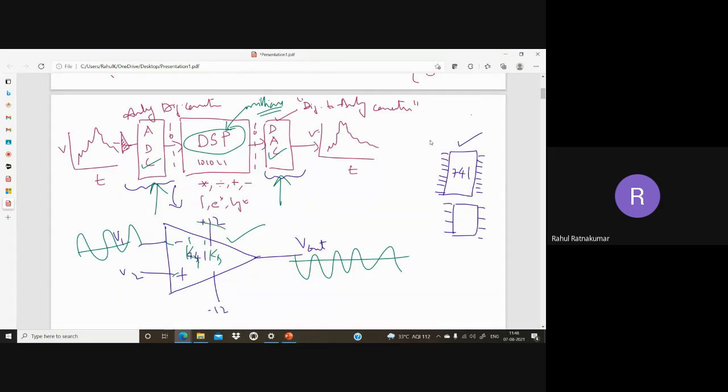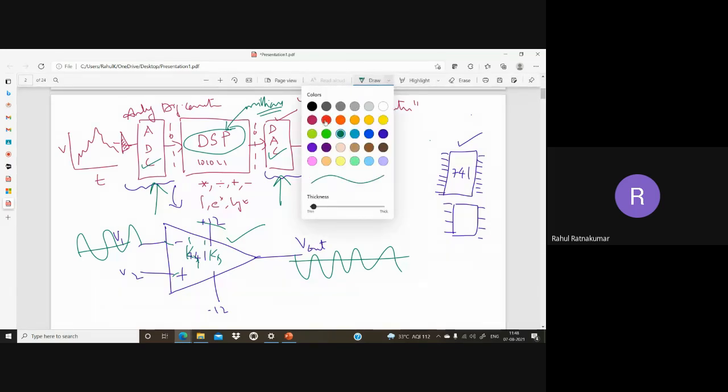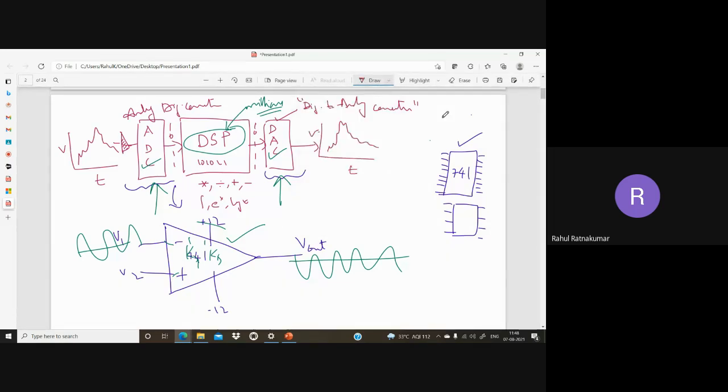With ADCs, things get very complicated: how many bits, what speed of the ADC, what is the communication speed, all the delays in between you have to manage, and a lot of DSP programming. But here we don't need anything, we just give the input and get the output. Proper connections we give, that's it.